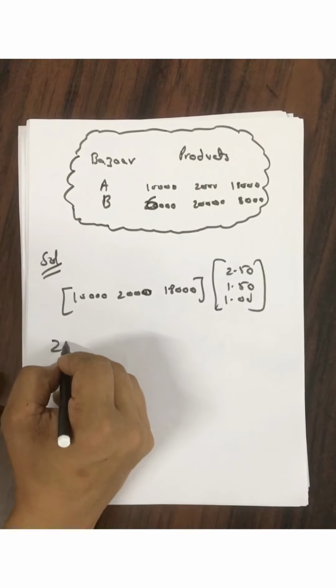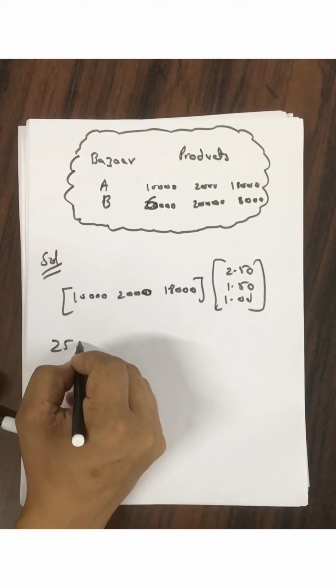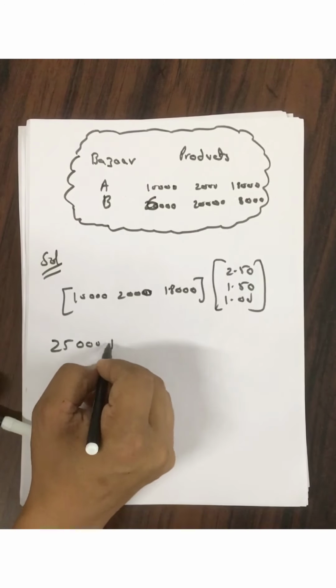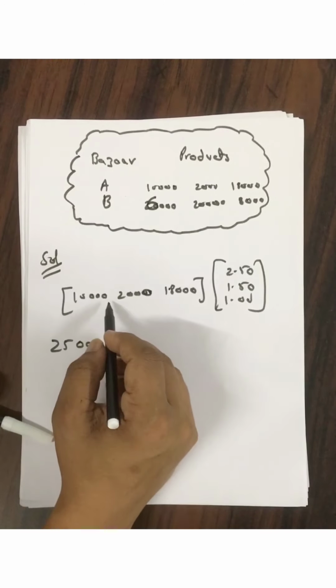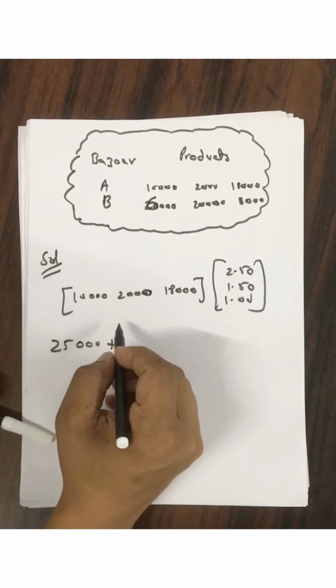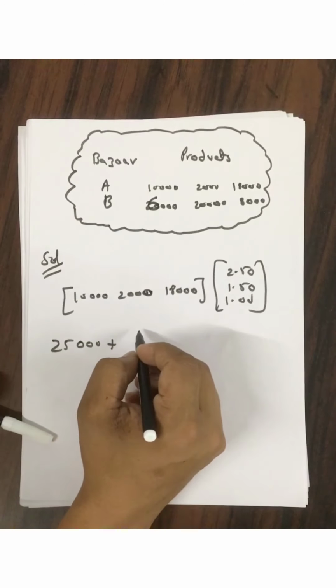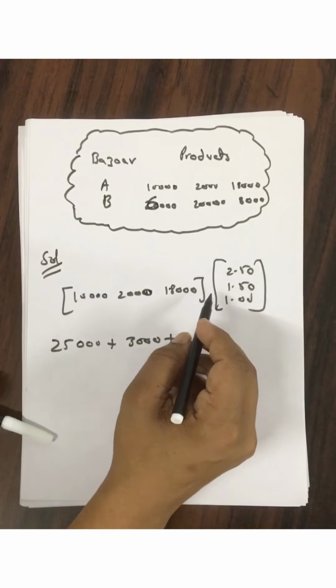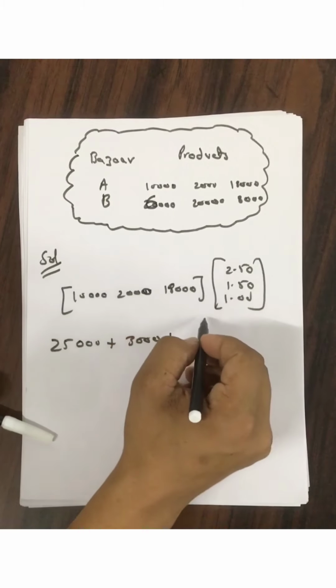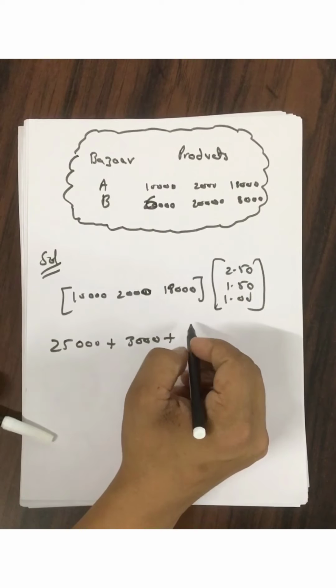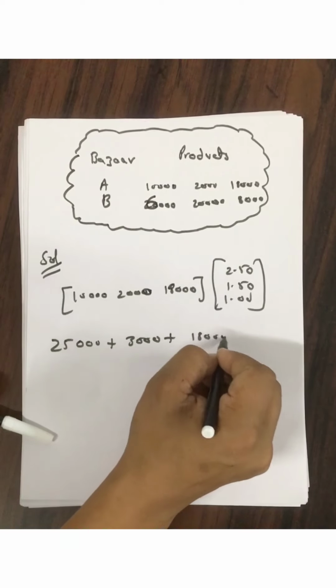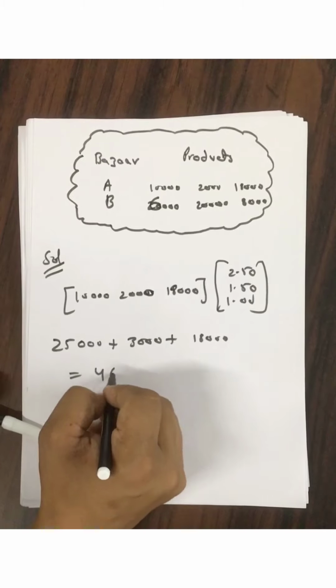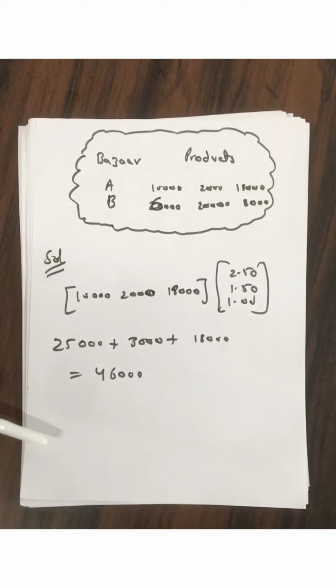This will come 25, and how many zeros will be there? 3 plus, multiply this also, 3,000 will be, plus this also you multiply, 18,000 only, there is no decimal in this. This will be 46,000. Got it?